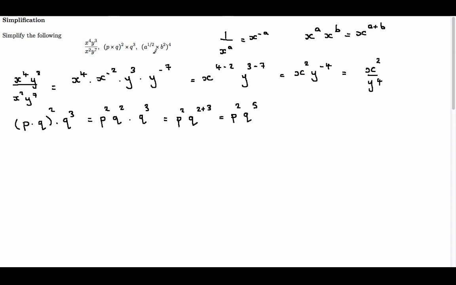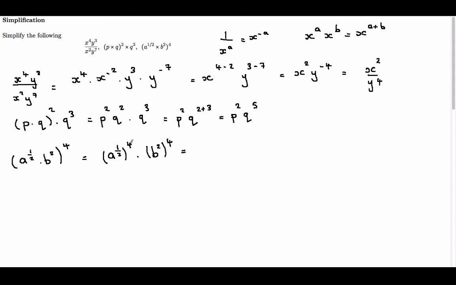Final thing we need to do now is simplify a to the half times b squared all to the power of 4. And to do that, all we do is a to the half to the power of 4 and multiplied by b squared to the power of 4.